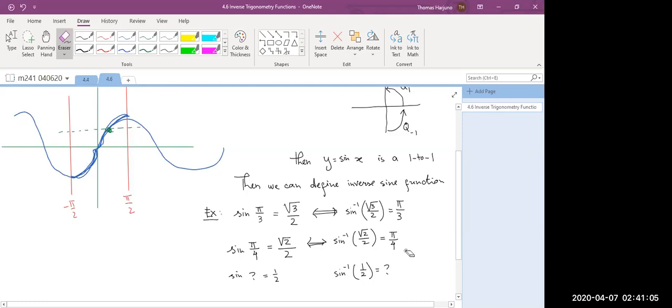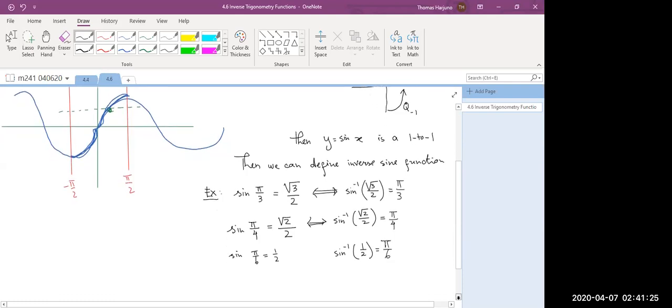Pi over 6. Pi over 6, that's right. The reason it is pi over 6 is because sine pi over 6 is 1/2. Okay, now that's for the positive value.